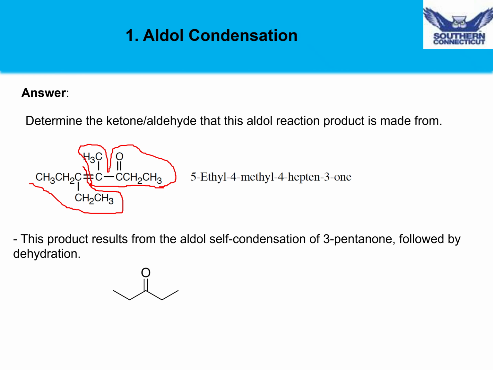And we also have an ethyl group to the left and to the right of it. So taking this structure, which I highlighted on the left, if we replace the double bond with a carbonyl, that would give us the other carbonyl reactant, which is also 3-pentanone. So this is an example of taking two molecules of 3-pentanone to make the product that we started with here.